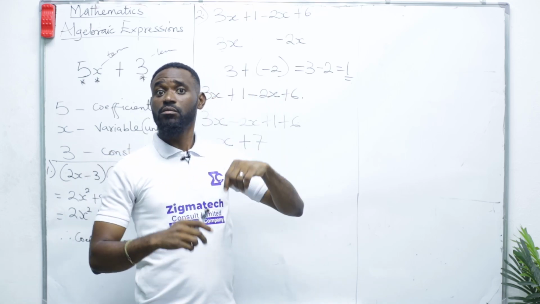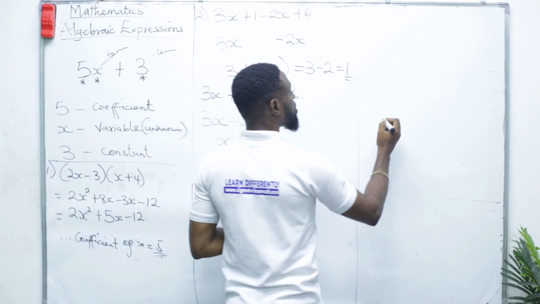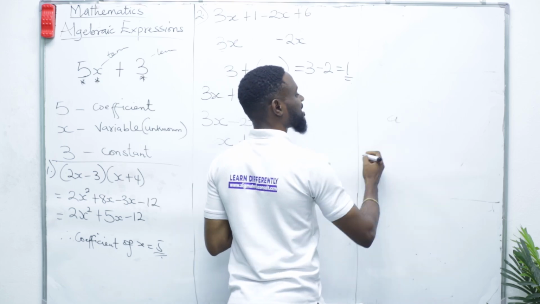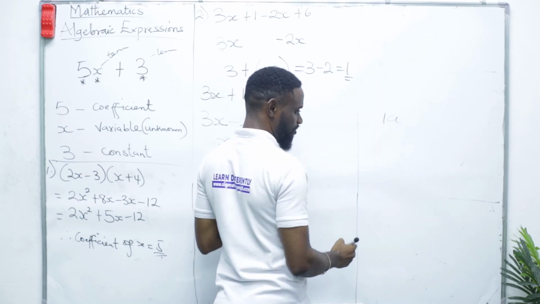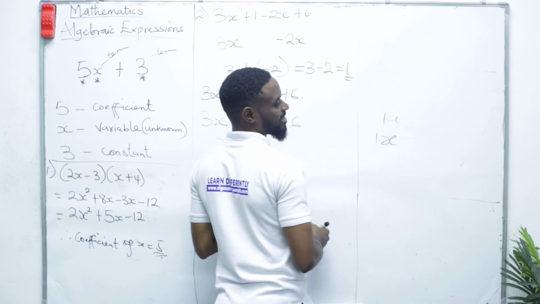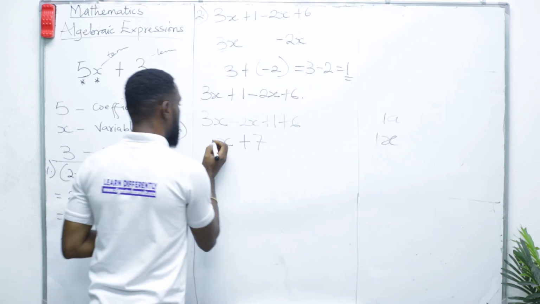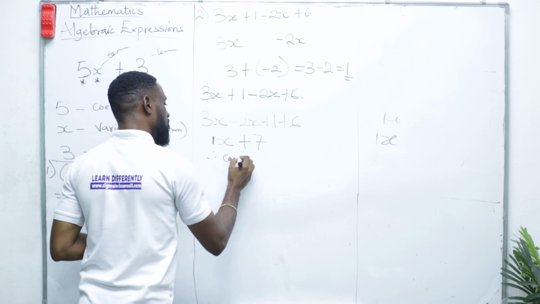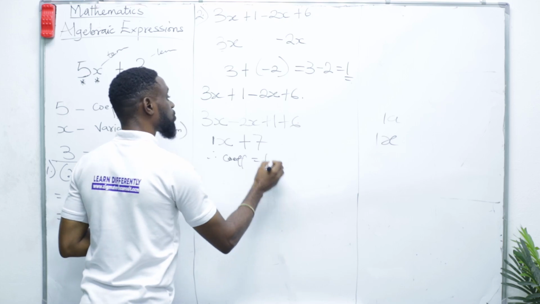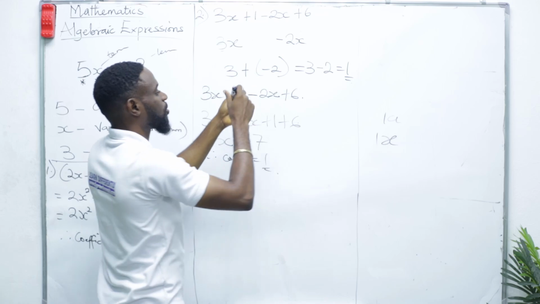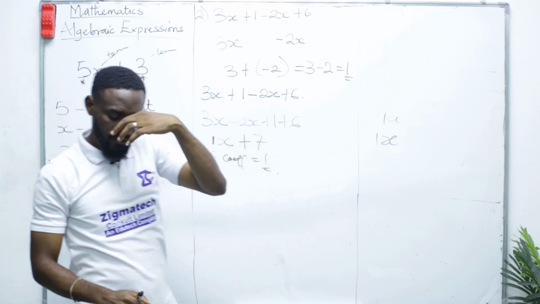Once a letter is on its own, let's say a, there is an invisible 1a. We have x, there's an invisible 1x there. Do you understand the point? So the coefficient here is 1. That is just what we did by adding and getting the coefficient.